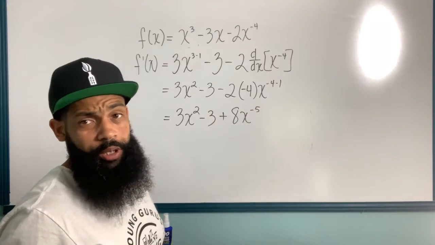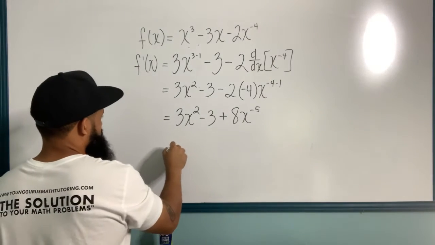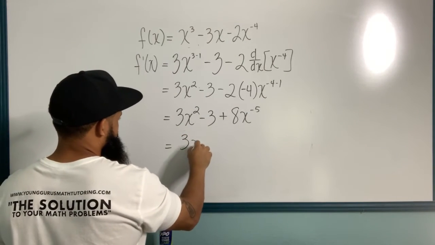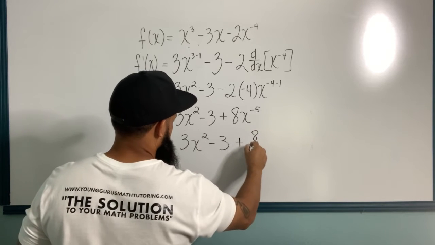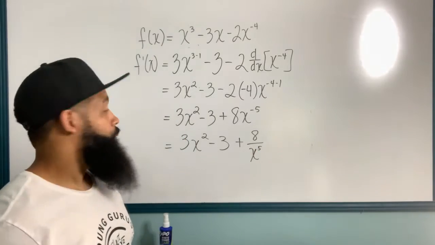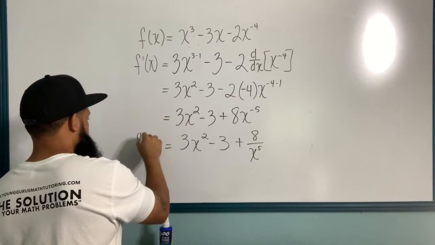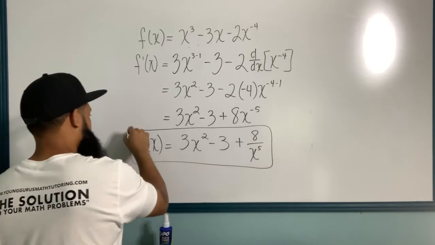One of the things you want to get used to doing is making your terms have positive exponents. So I'm going to say 3x squared minus 3 plus 8 over x to the 5th power. And this is your derivative.